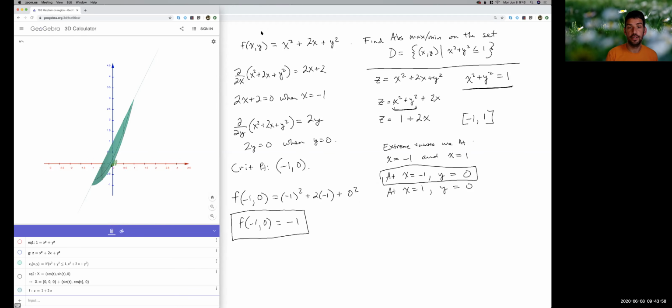So now let's look at the point x equals 1, y equals 0, f of 1, 0. Now I'm plugging back into the original equation. I get 1 plus 1 squared plus 2 times 1 plus 0 squared, which gives me 1 plus 2, or 3.